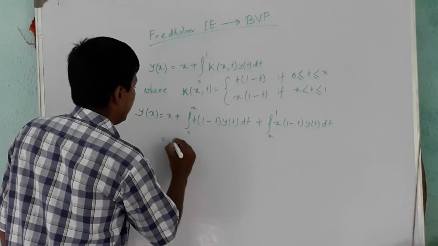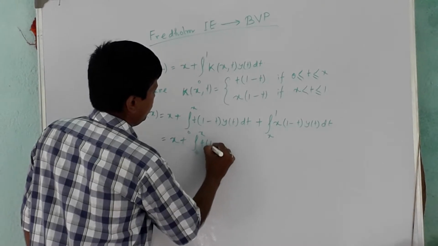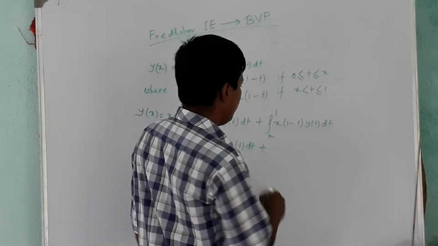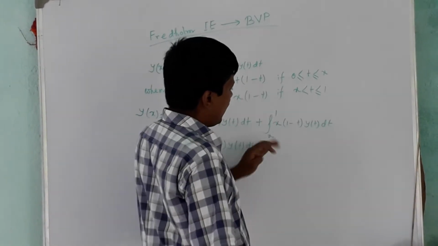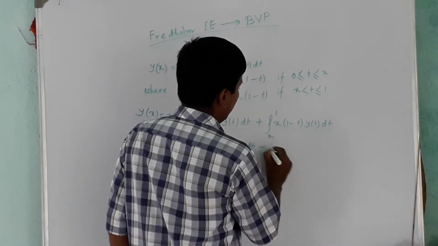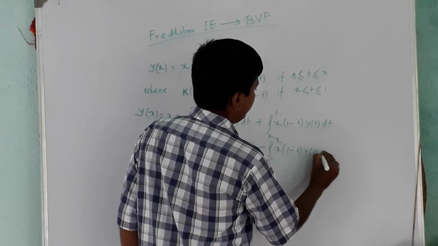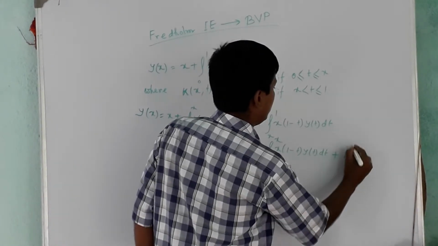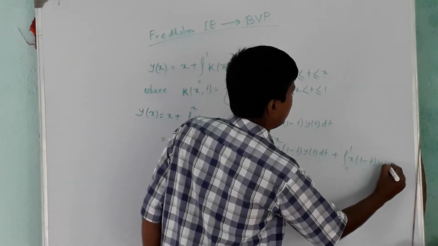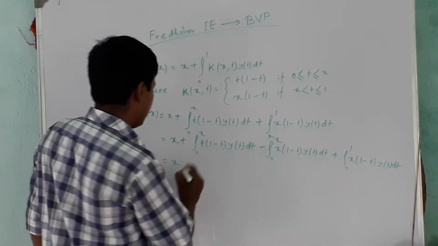So this can be written again: y(x) is equal to x plus the integral from 0 to x of t(1 minus t) y(t) dt, plus we write it from 0 to 1 and just subtract the integral from 0 to x. So first of all we consider the minus sign: the integral from 0 to x of x(1 minus t) y(t) dt, plus the integral from 0 to 1 of x(1 minus t) y(t) dt.